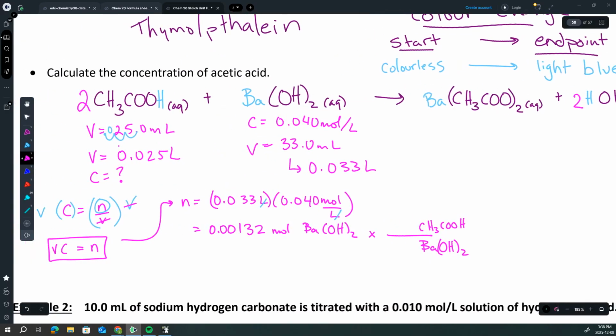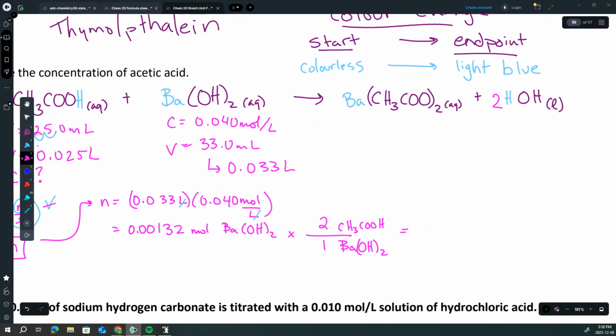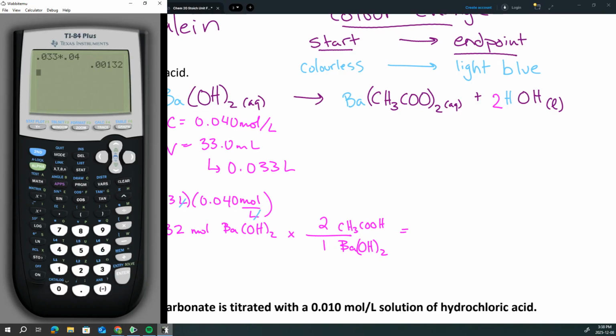Now the coefficients in front of both of these: there's a 2 coefficient in front of acetic acid and a 1 coefficient in front of barium hydroxide. Remember that if there's not a number in front of your substance, then there's an invisible 1. So essentially we're just multiplying this by 2. So 0.00264.